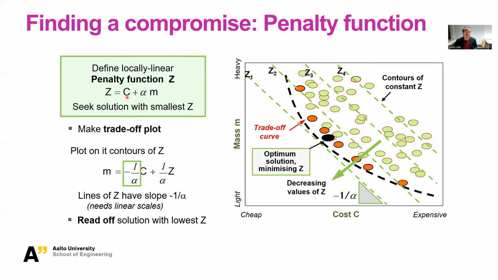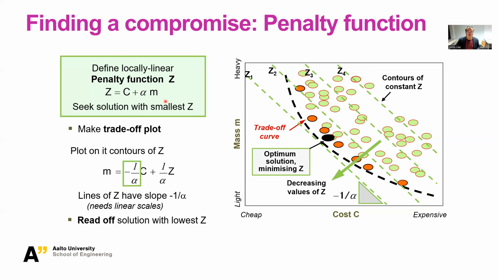So z is your penalty function, and you just use c plus alpha times m. This is a very simple linear function, and alpha is basically a scaling parameter or weight parameter. It has a certain meaning in many cases. I will explain it slightly later. You will find this in a book in many cases.